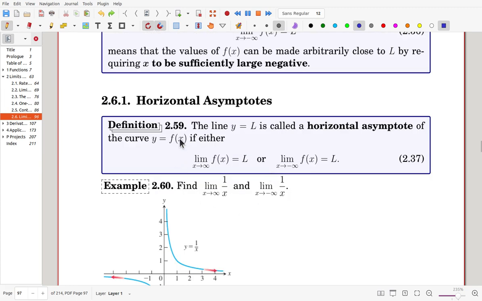Now, here we have a definition. y equals L is called a horizontal asymptote of the curve if, as x approaches infinity or minus infinity, the function value is approaching L. Either way, at least on one side, we have a limit, and then the horizontal line is called a horizontal asymptote, because the asymptote is not really the function value all the way, but anyway, the function values are approaching the line.